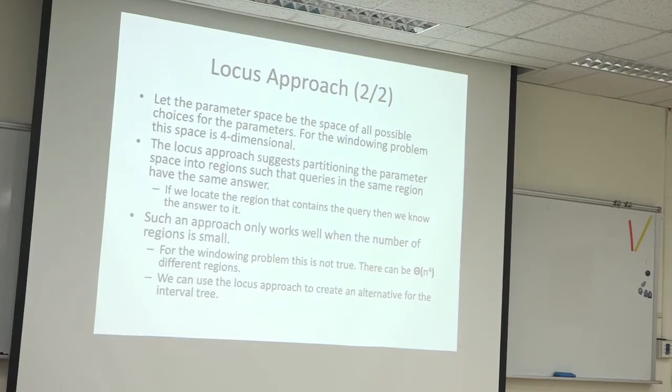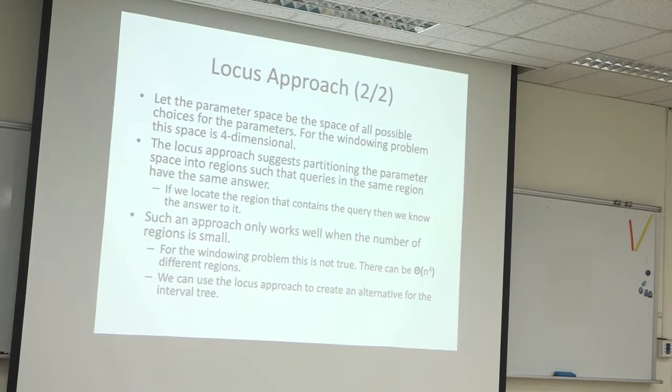So the locus approach suggests partitioning the parameter space into regions such that queries in the same region have the same answer. If we locate the region that contains the query, then we know the answer to it.